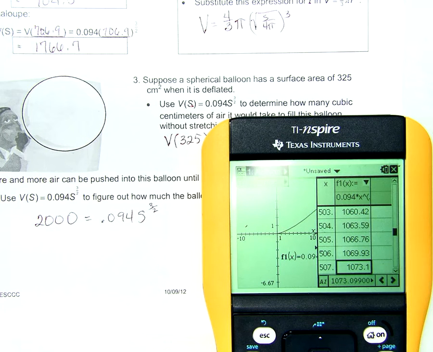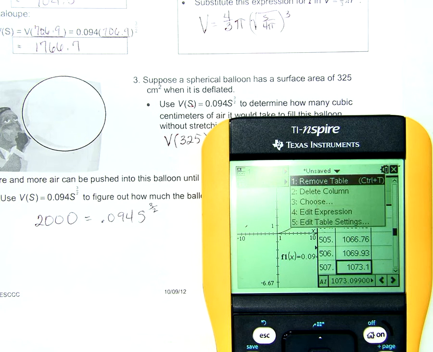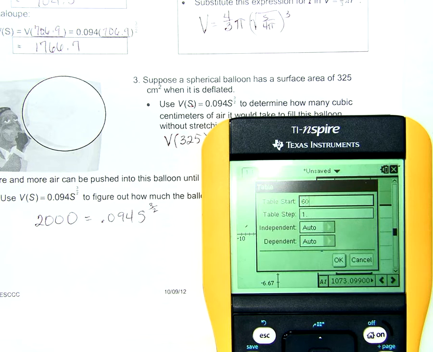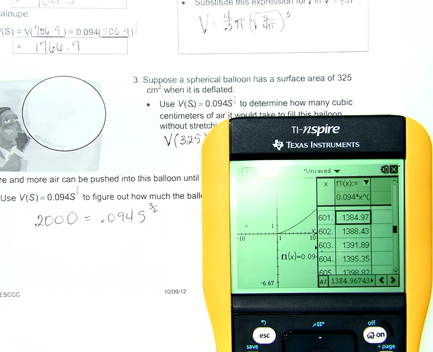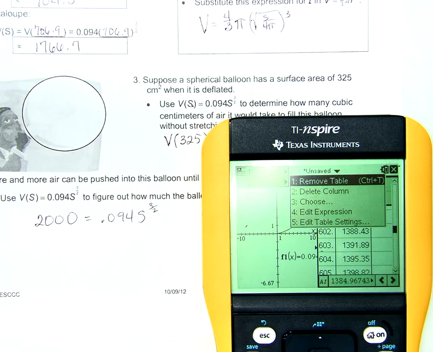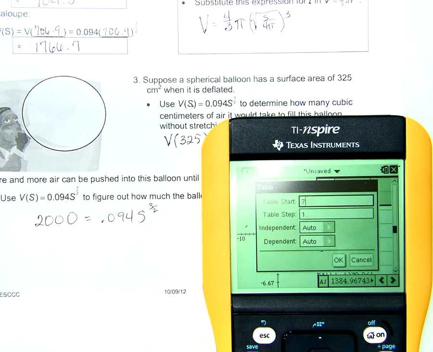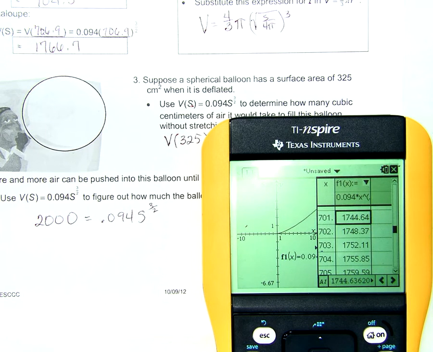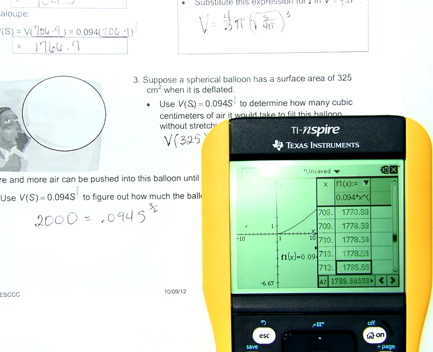Menu, table settings, let's go 600. Closer. Menu, table settings, 700. Oh, that's getting pretty close. I think 800 would probably be too much. So I'll just sit and scroll for a while.